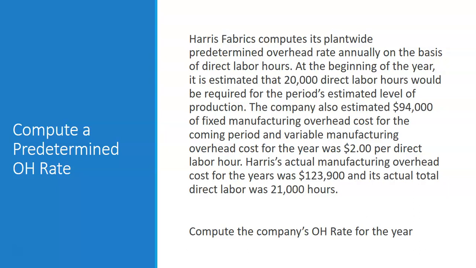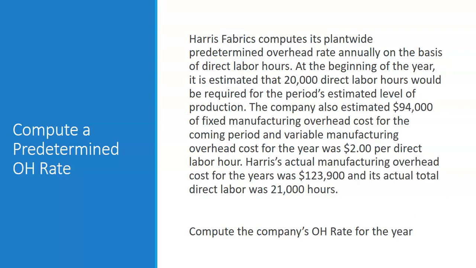So 20,000 times $2 is $40,000 plus $94,000 is $134,000. So our estimated budget for overhead is $134,000. We would divide that by 20,000, and that gives us an overhead rate of $6.70 per direct labor hour for the year.